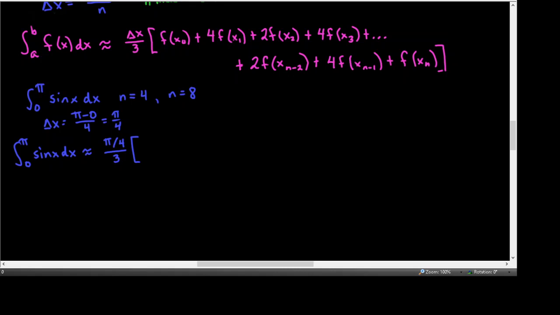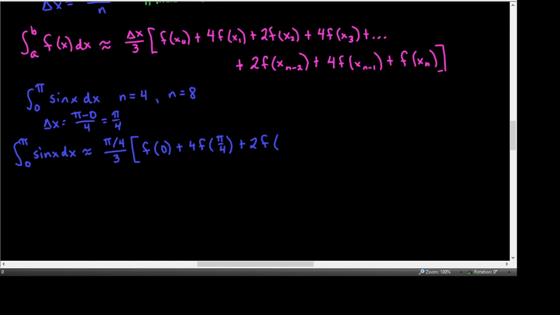Okay, so this will be f of 0, our first x. Then we're going to have 4 of the next one. And 0 plus pi over 4 means our next x is pi over 4. Then we'll have 2 of the next thing.